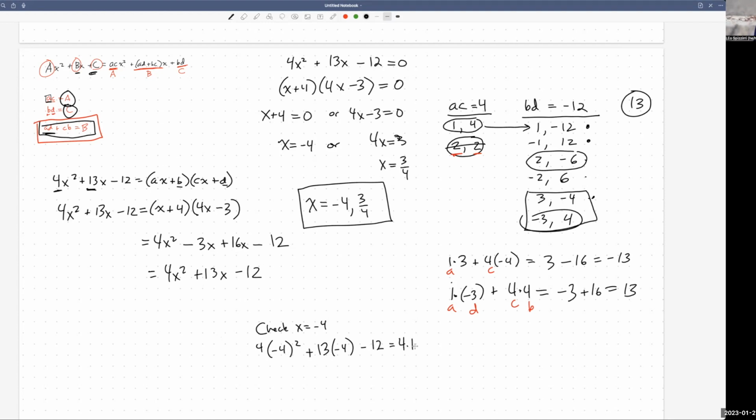That's 4 times 16, which is 64. 13 times -4 is -52, minus 12. 64 minus 52 minus 12 is 0, and that indeed is equal to 0. So I'll let you check 3/4 and see that that one also turns out to be 0.